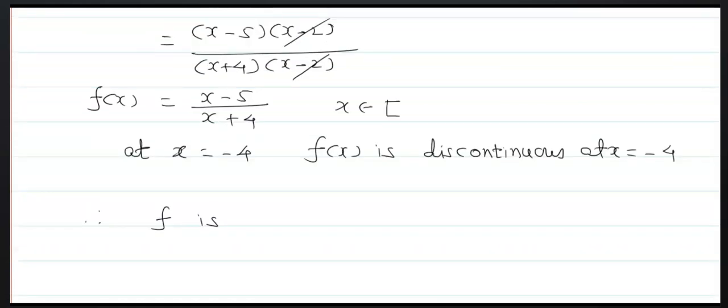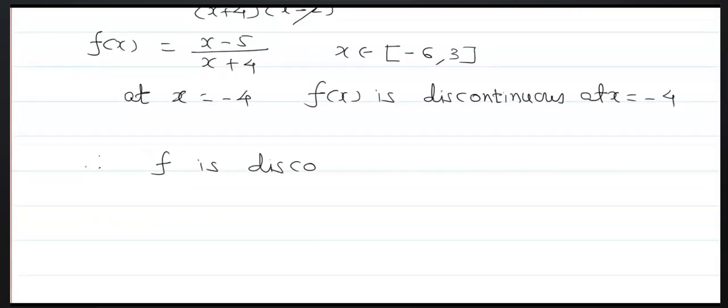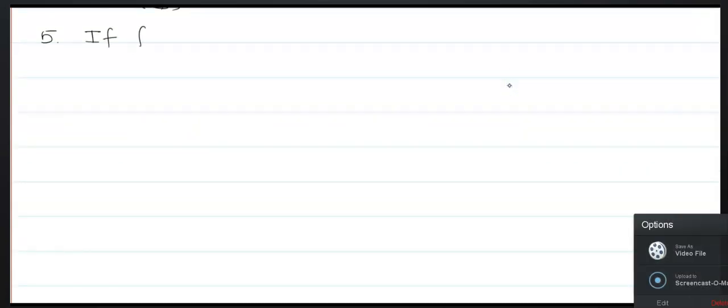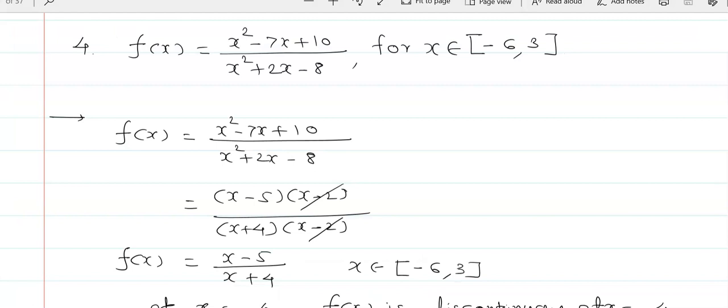Therefore, f is discontinuous at x equals minus 4, otherwise it is continuous. Now see this again. f of x is equal to x square minus 7x plus 10 upon x square plus 2x minus 8 for x belongs to the closed interval minus 6 to 3.